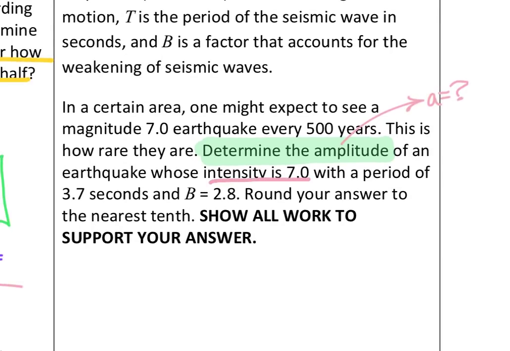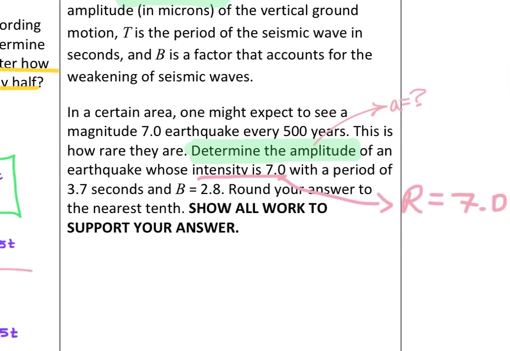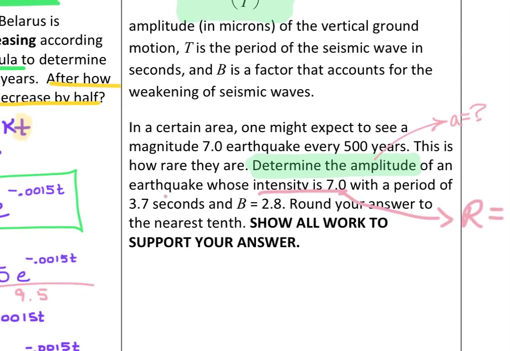That's your Richter scale, so R equals 7.0. So 7 on the Richter scale with a period. So your period is 3.7, so T equals 3.7 and B equals 2.8.